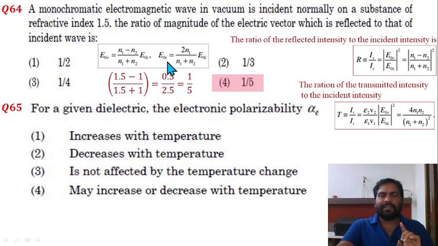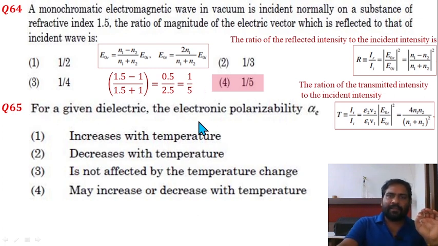For transmission, it is 2 n1 divided by n1 plus n2, and similarly for the intensity ratios it is just the square of that in the reflected and transmitted cases. It is asking for the magnitude ratio of reflected to incident, so it is n1 minus n2 divided by n1 plus n2, that is 1.5 minus 1 divided by 1.5 plus 1, and the answer is 1 by 5. Option 4 is correct.